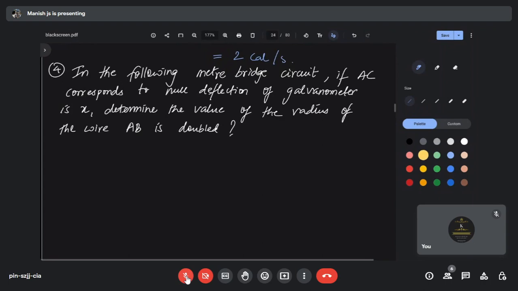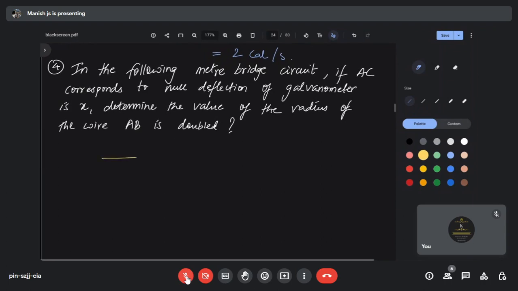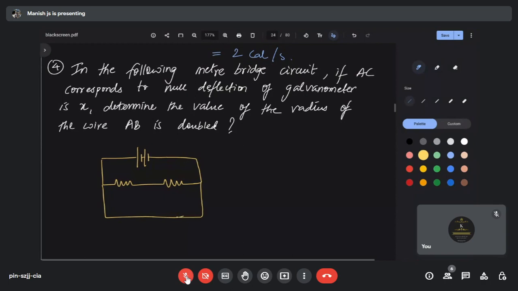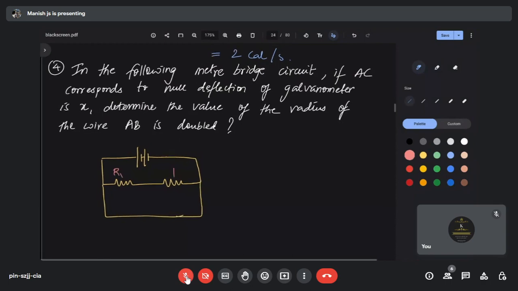So here comes the circuit. So this is R1 and this is R2.